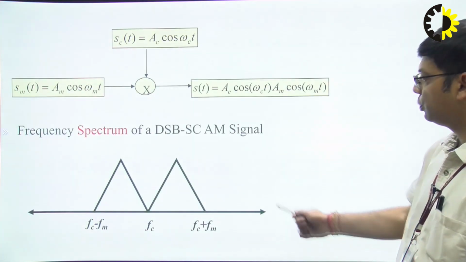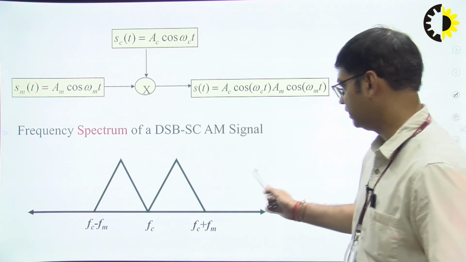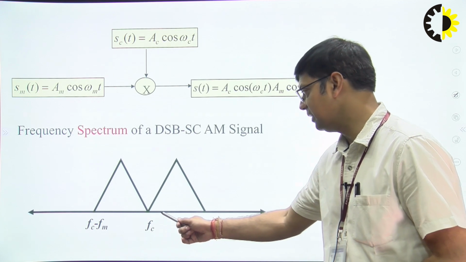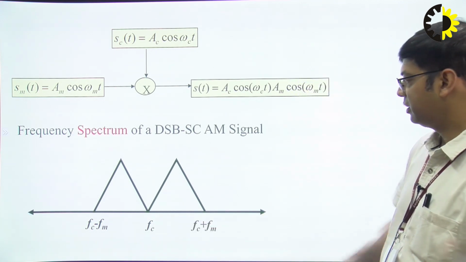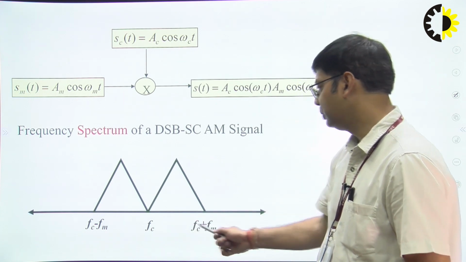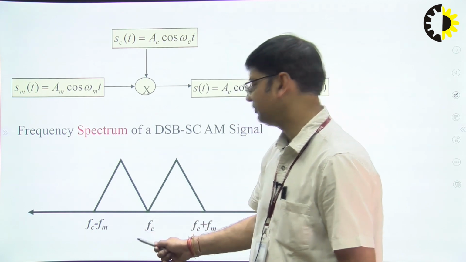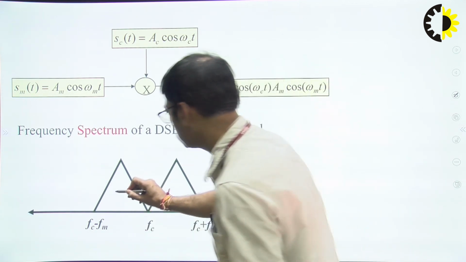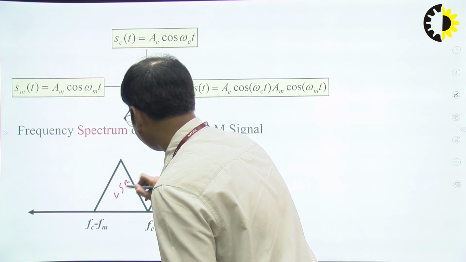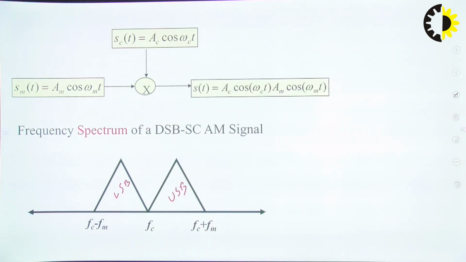So, the frequency spectrum for this double sideband suppressed carrier signal can be represented as, where we can see that there are two sidebands, one range from Fc to Fc plus Fm and the other range from Fc minus Fm to Fc. So this is our lower sideband and this is our upper sideband. So these are the frequency spectrum for lower sideband and upper sideband.